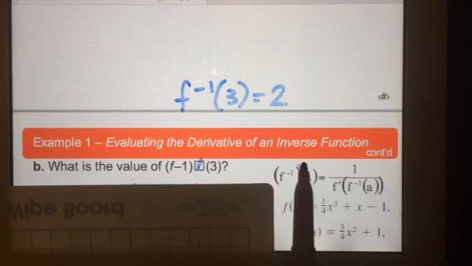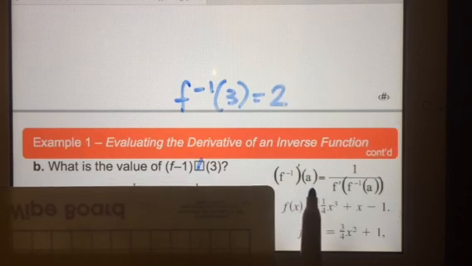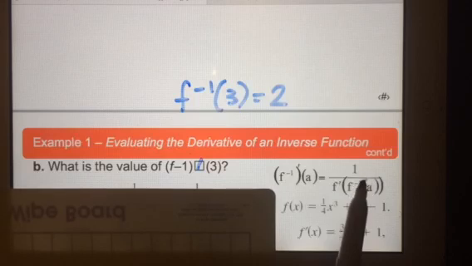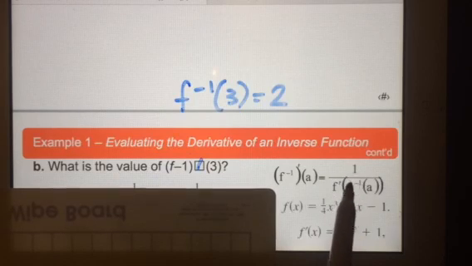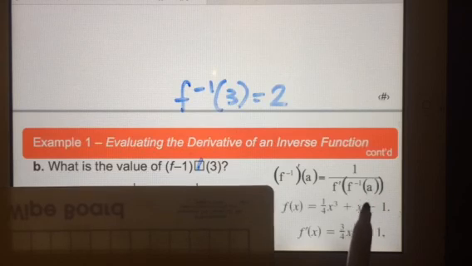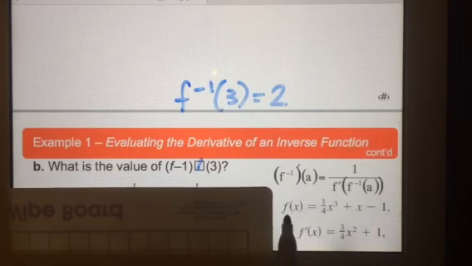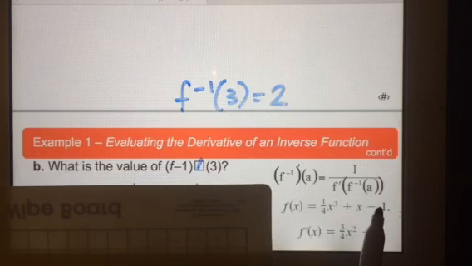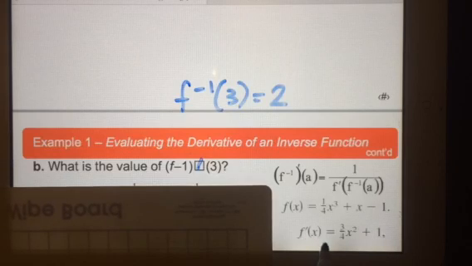F inverse prime of a is equal to 1 over f prime of f inverse of a. So clearly, we are going to need the derivative of f of x. So we'll go ahead and do that. So f prime of x is equal to 3/4 x squared plus 1.